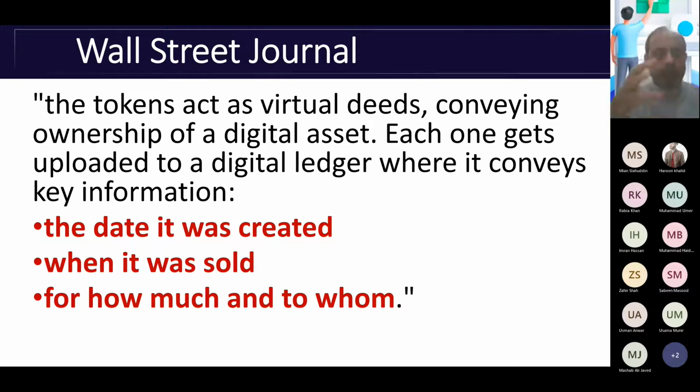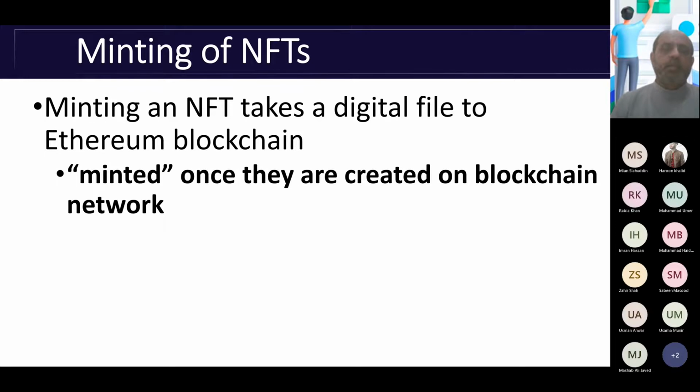So putting it on a blockchain is like you are minting it, creating a new token, and that token is with your name. And once it is sold, then the transaction gets onto a public ledger, which says when it was sold and how much and to whom, and so all these details get onto a public ledger.